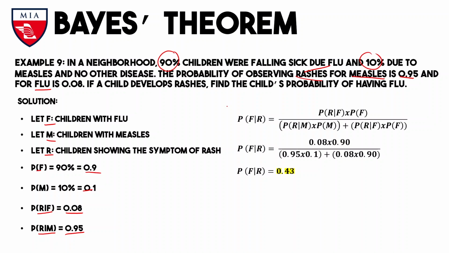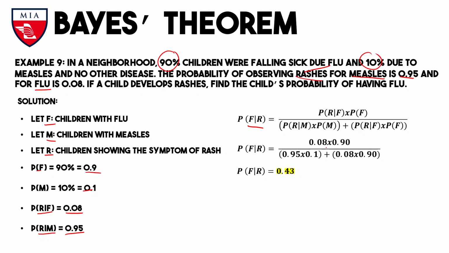Okay, so in order for us to solve for the probability of a child having flu, we have this formula. So we have the probability of R given F multiplied by P of F, divided by the probability of R given M multiplied by P of M, plus the probability of R given F multiplied by the probability of F. So substitute the values.